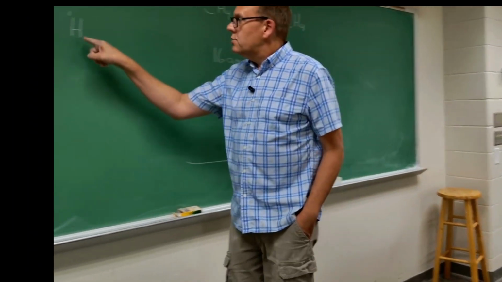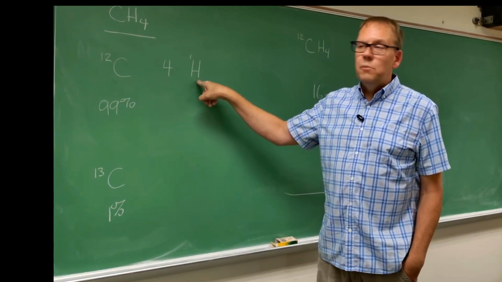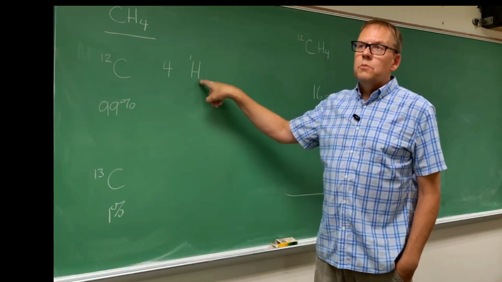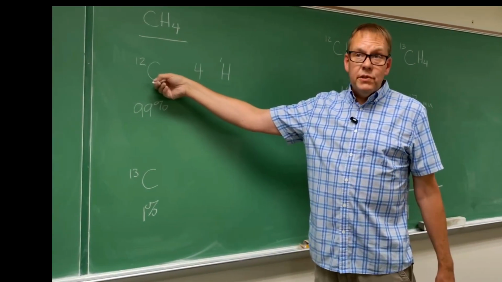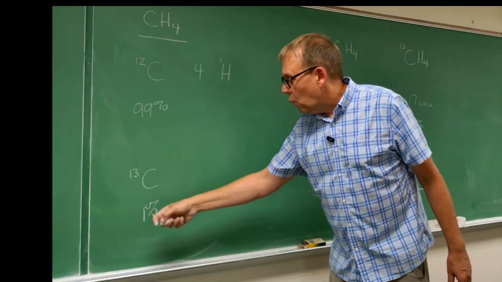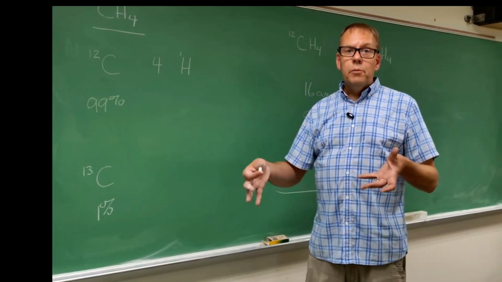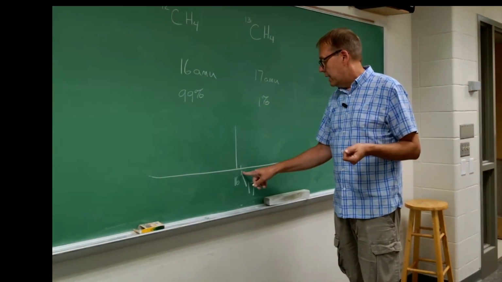It turns out that hydrogen is almost exclusively H1, so you don't need to worry about isotopes with hydrogen. It's always going to be hydrogen 1. Carbon is 12 99% of the time, but 1% of the time it's C13. So when you look at molecular ions of carbon-containing molecules, they're going to have an M+ and then an M+1.